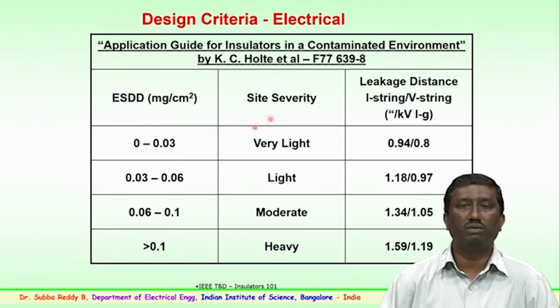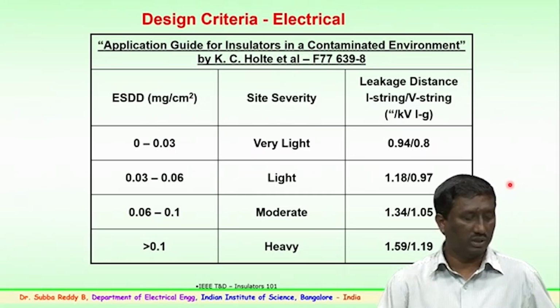This is how we obtain the equivalent salt deposit density on the surface of insulators. Based on this data, we can say whether the line being erected comes under a light, medium or heavily polluted zone. This is the application guide on how it is to be used during insulation design.